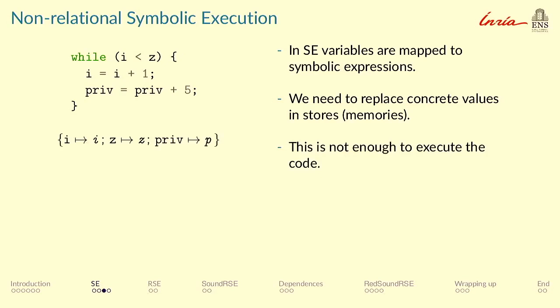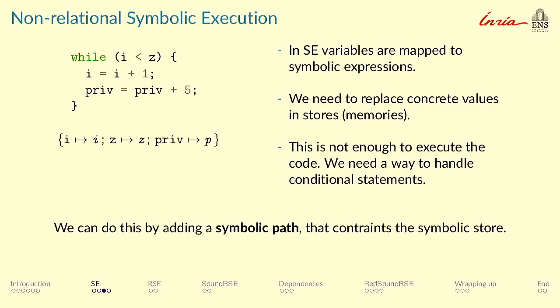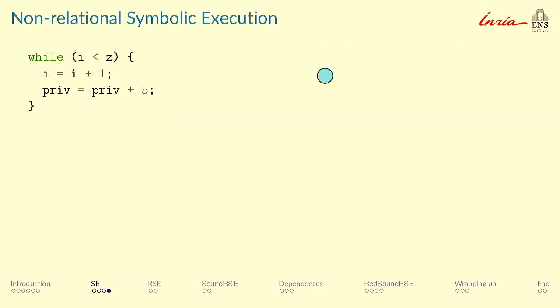What we need is to also add what is going to be called the symbolic path, which allows us to handle conditional statements. This is just to give intuition: we start executing with a state that has the true symbolic path, meaning that it has no constraints over the symbolic store.